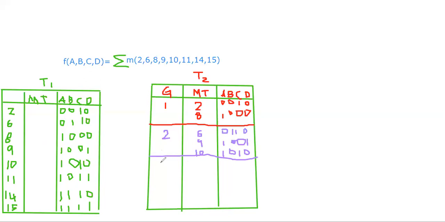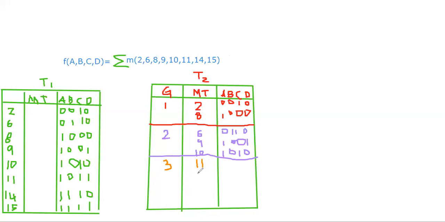Next group is we need to identify the numbers with 3 ones. The numbers with 3 ones are 11 and 14.